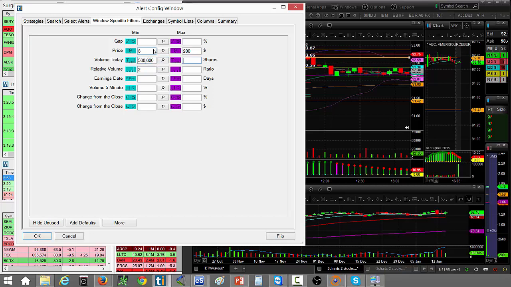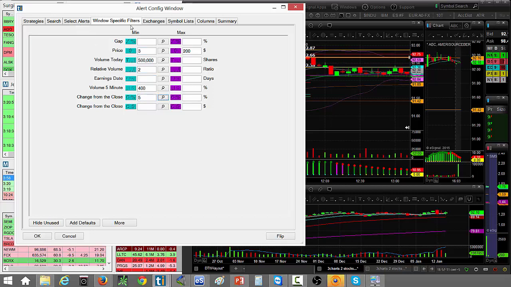I'm not going to cap it though. Relative volume of at least 2. Volume in the last 5 minutes, let's say at least 400. Change from the close, let's say 5%. We want stocks that are up at least 5% from the close yesterday. All right, so those are a few settings.